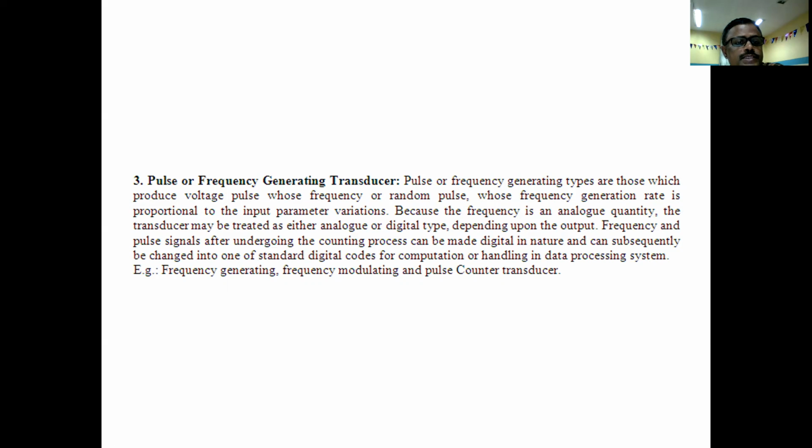Examples for these are frequency generating type of transducer, frequency modulating type of transducers, and pulse counter type of transducers.